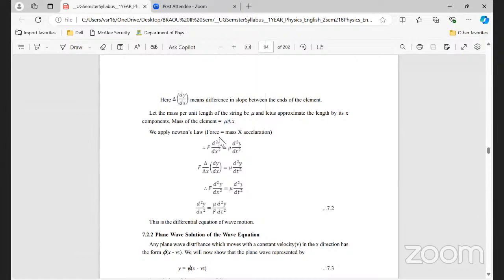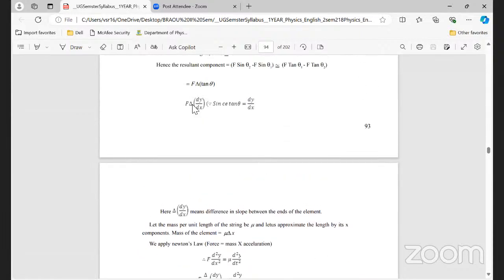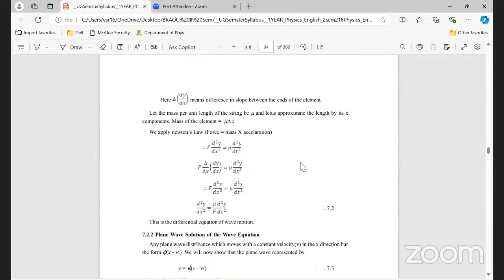By applying Newton's second law, F equals ma, we get F as delta dy by dx, and substituting all these, mu into d square y by dt square.